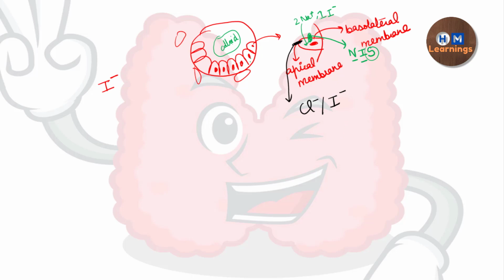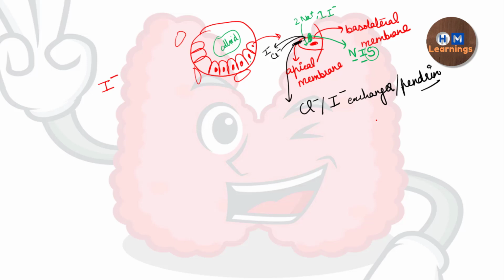So chloride will go inside and iodide will go outside. This is an exchanger, not a symporter, and this is also known as pendrin. Another name is this.